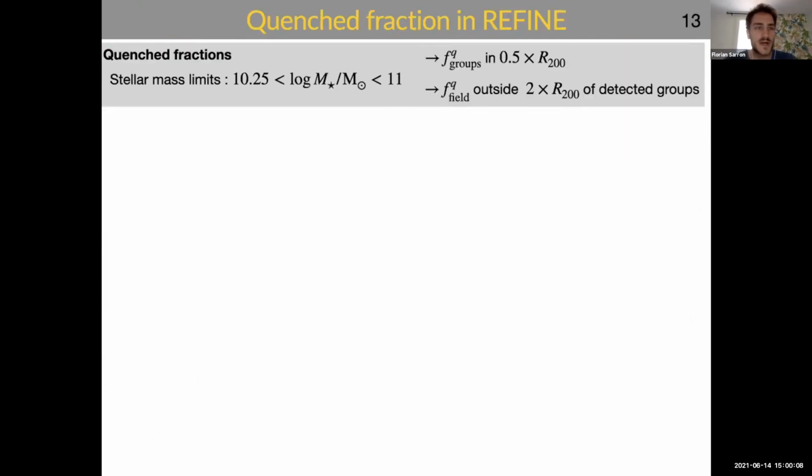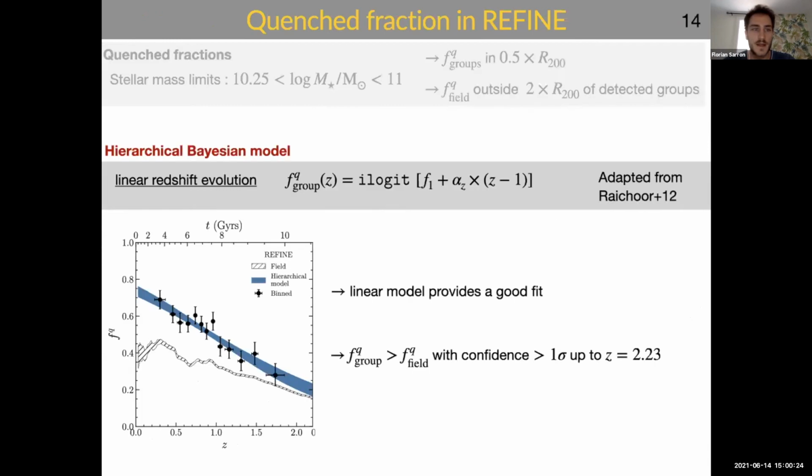So let's move to the quenched fraction. I will show here the quenched fraction for galaxies with stellar mass between 10 to the 10.25 and 11 in groups, cores, so half R200, and compared to the field, so outside of the groups. It's shown here for the field as dashed, and for the hierarchical model. So we built a hierarchical model with a linear redshift evolution.